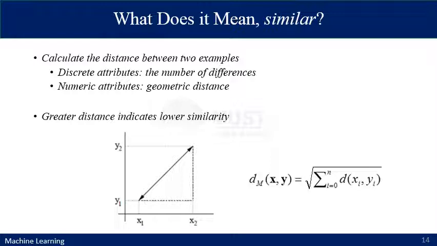On the other hand, if the attributes are numeric, you can calculate the geometric distance. A greater distance indicates lower similarity. So here is a typical distance calculation formula in which you calculate the distance from two attributes or two values of x and y by taking the square root. There are other alternatives which we will discuss briefly.